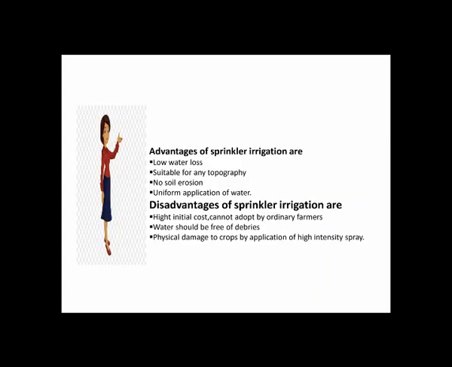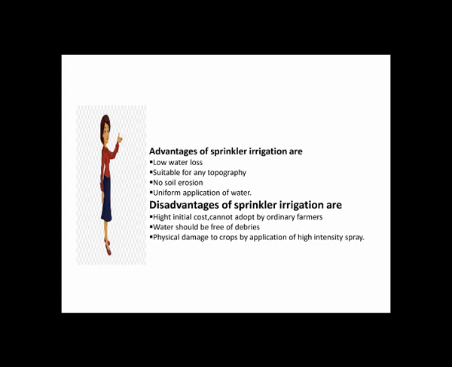Advantages of sprinkler irrigation are low water loss, suitable for any topography, no soil erosion, and uniform application of water. Disadvantages of sprinkler irrigation include high initial cost and it cannot be adopted by ordinary farmers.